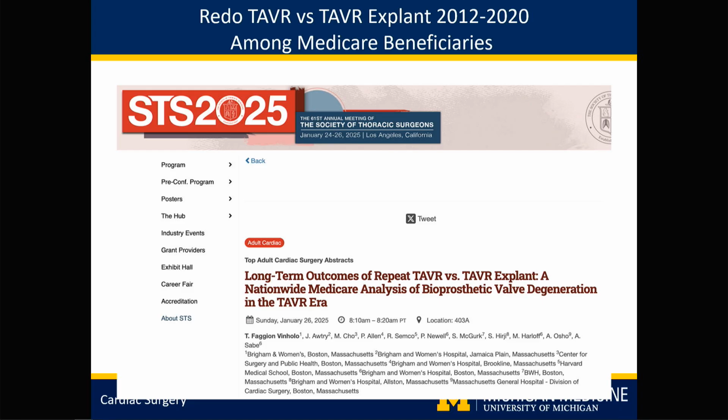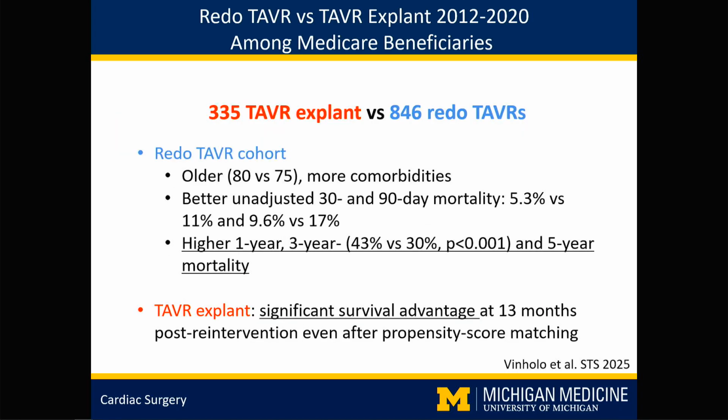This was presented a couple of months ago at the STS, Medicare data: 335 TAVR explants versus 800 redo TAVRs. Initially, the redo TAVRs are doing much better. However, beyond 1 year, in the longer term, TAVR explant survivors are actually doing much better.